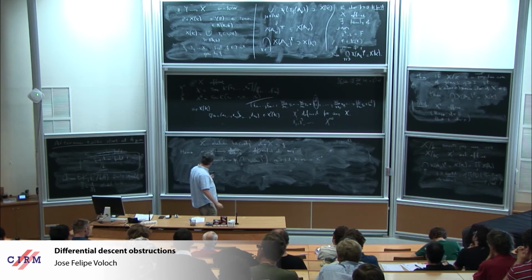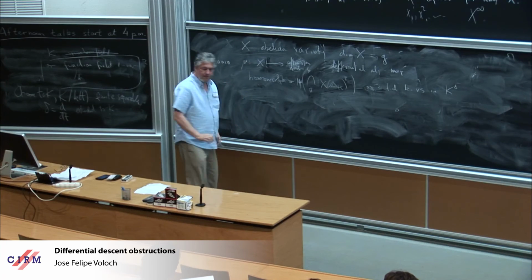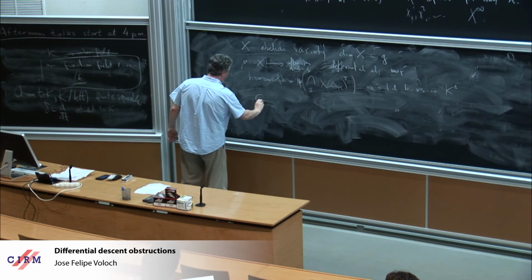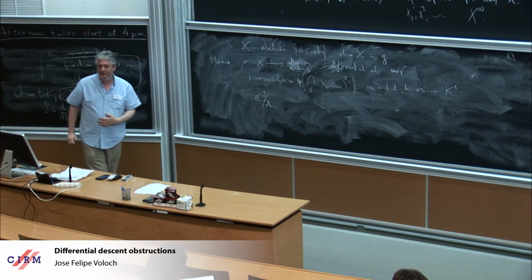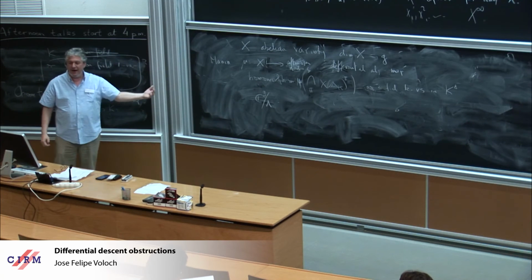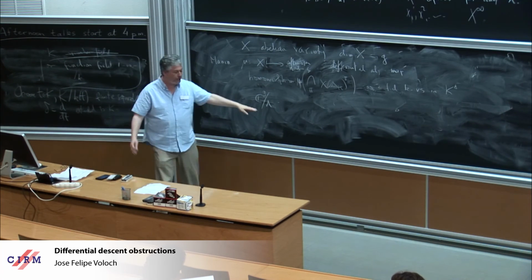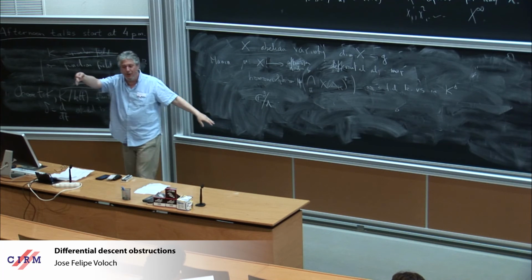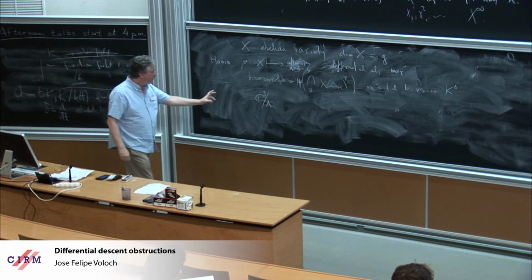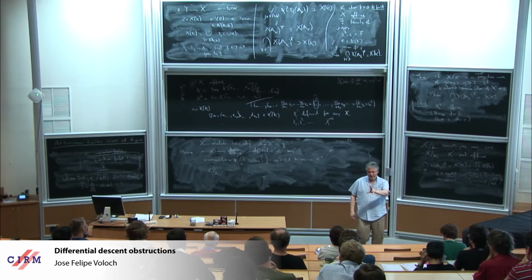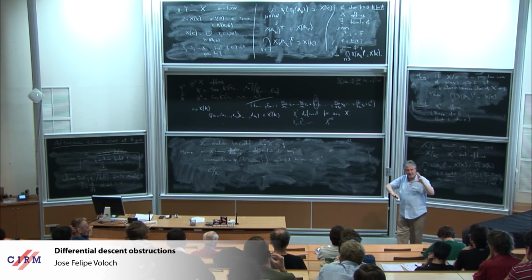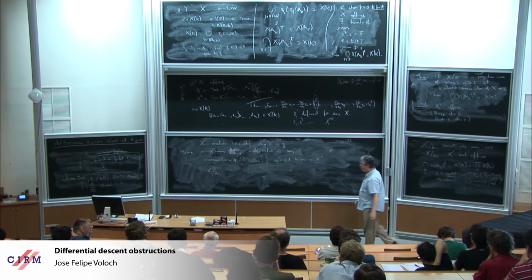So, if you think of an abelian variety as C to the g modulo a lattice, and you can think of an abelian variety over a function field as C to the g modulo a varying lattice, at least locally, right? So the rational points is going to be a finite rank Z submodule of C to the g, mapping to the rational points.